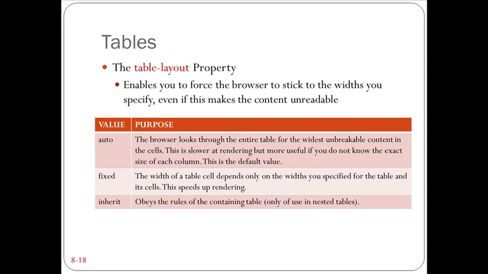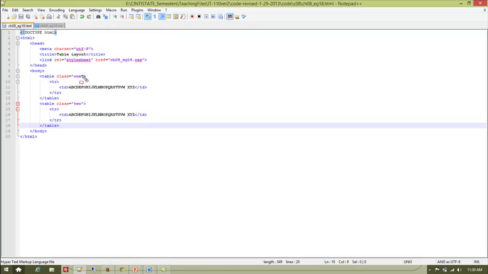And then you also have the inherit, which obeys the rules of the containing table, but once again only if it's in nested tables. So you can see here we just have a simple table with a class of 1. It has one row, one cell, and has a fair amount of text in it. We have a second table underneath of it, the exact same thing, only it has a class of 2.